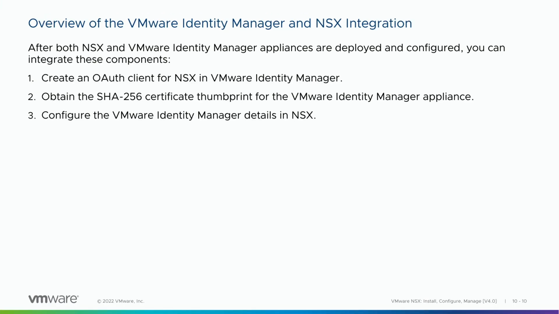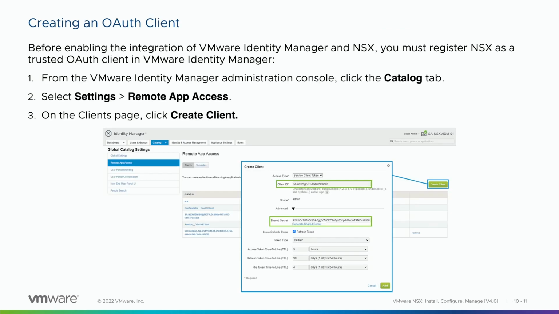We need to get the certificate thumbprint from the Identity Manager appliance itself, and then we're going to take that information into NSX Manager, where we're going to build that integration. Well, how does that all look? If we go into the catalog, look at remote app access, and create an OAuth client, we can see here that we've collected or set up some information.